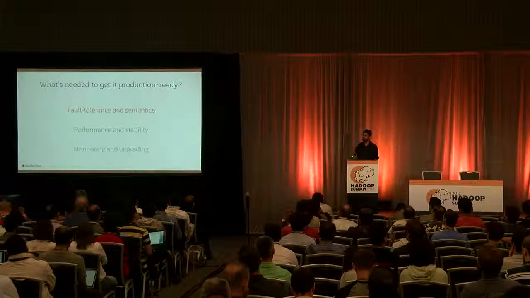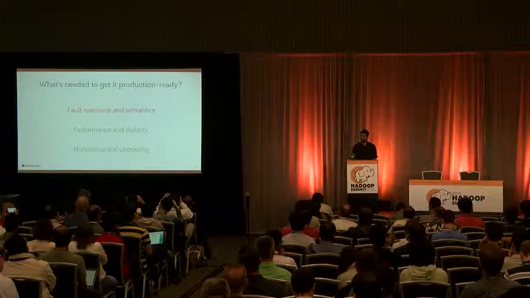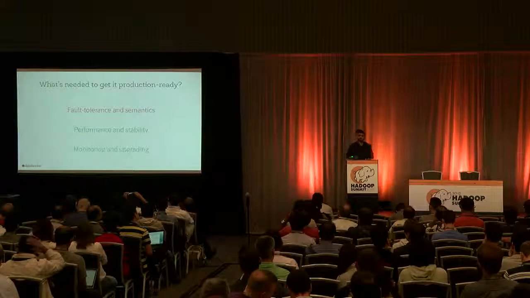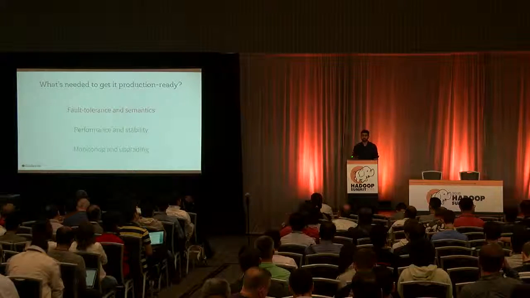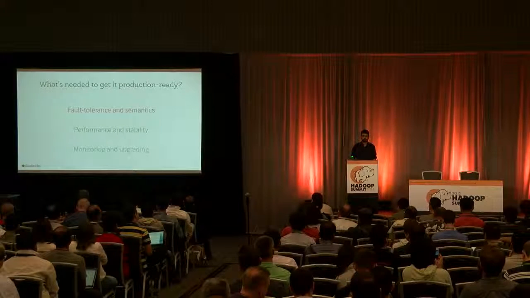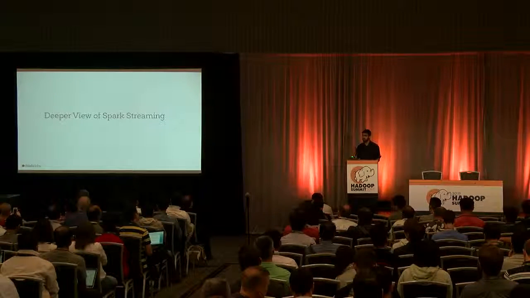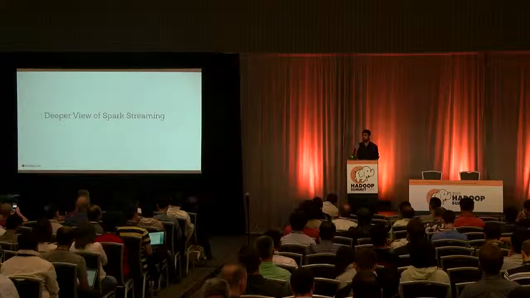One is fault tolerance and the semantics of your application related to fault tolerance. Second, the performance and stability of your application. And third, once it's deployed, continuous monitoring and upgrading in case there are code changes. To understand these three, I have to dig deeper and show you what Spark Streaming does underneath.